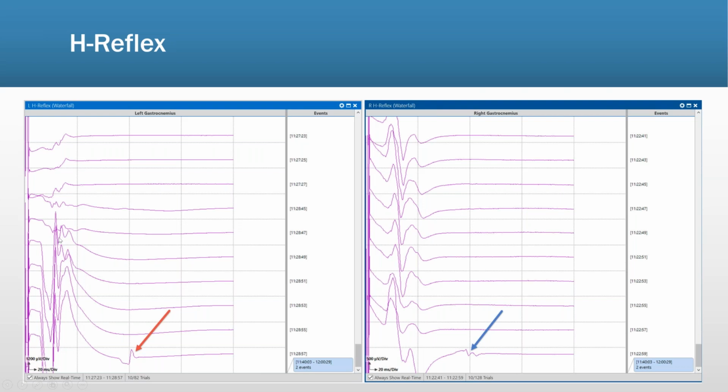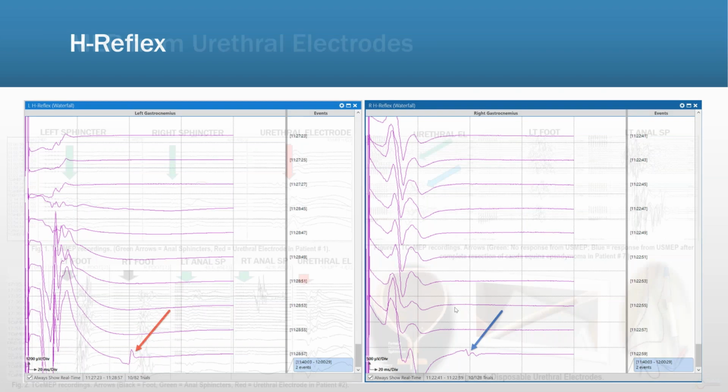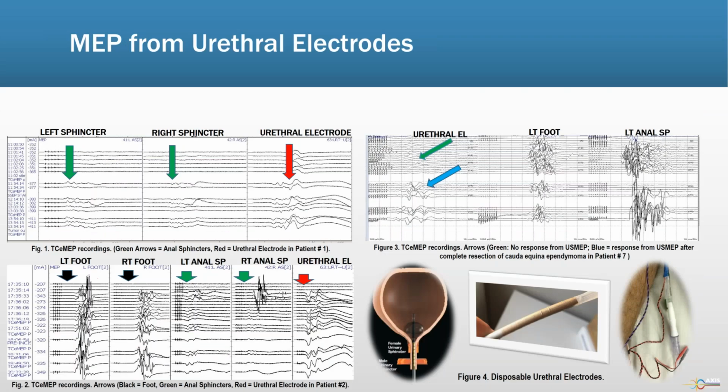The first response is about 8 to 9 milliseconds, which is the M wave. The signal goes to the spinal cord, makes a reflex and comes back and activates, and that's why it's delayed. If there's any damage or shock to the spinal cord, it covers only the S1 root.